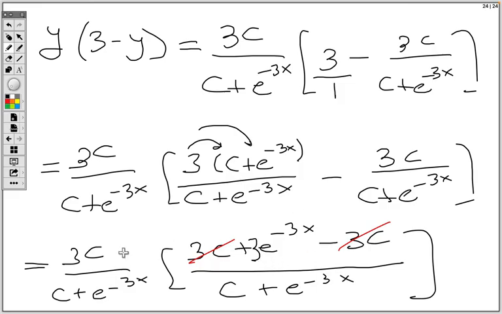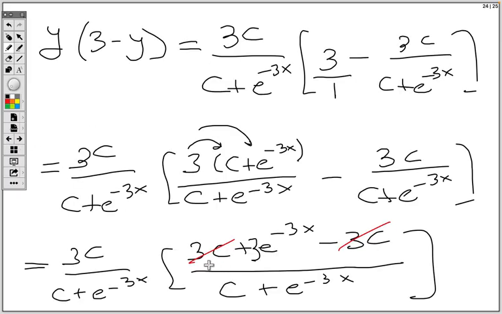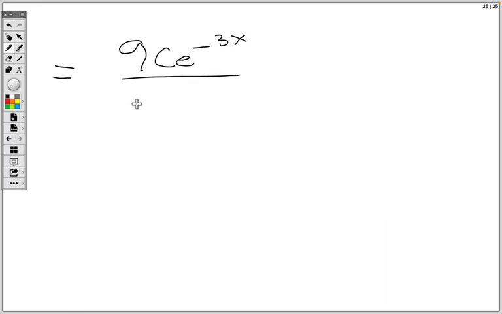So now we can see what we got: 3c times 3e to the minus 3x. That would be multiplying what survives in there, and then I've got that on the bottom.